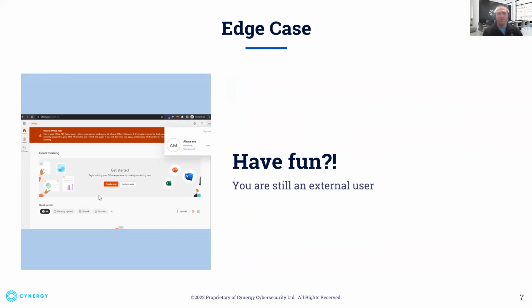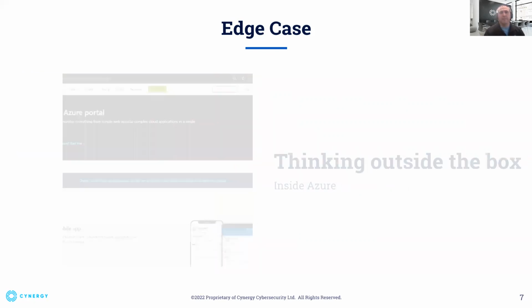So what did I end up with? I ended up with access to a very non-privileged user as part of the organization. I'm an external user. I don't have any access. Yes, I can get to the Office 365 panel, but I don't have any applications associated with it.